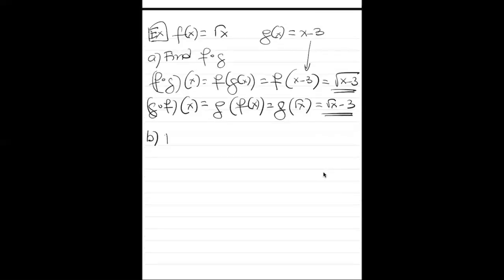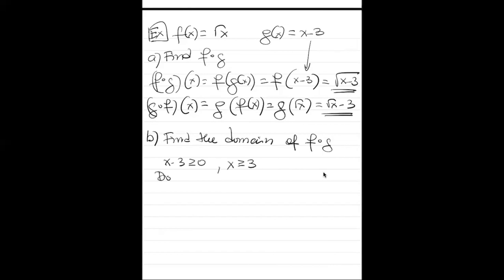So B, find the domain of the composition. Find the domain of f compose g. So we have the equation, and that is square root of x minus 3 for the previous example A. So we have to make sure what's under the square root is greater or equal than 0, which is x greater or equal than 3.